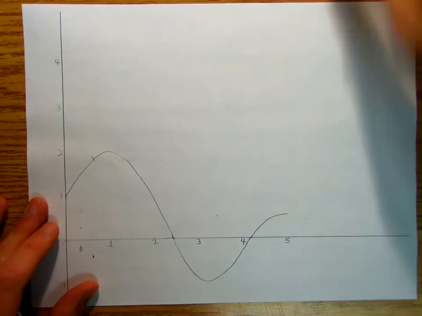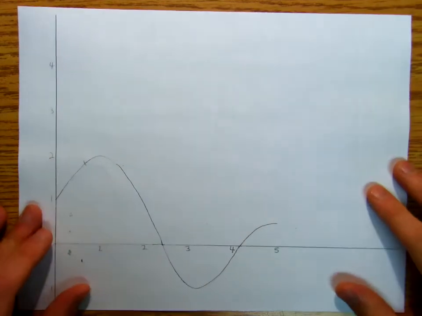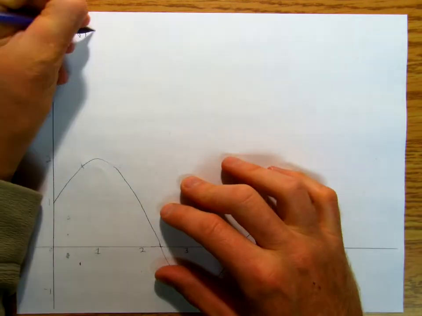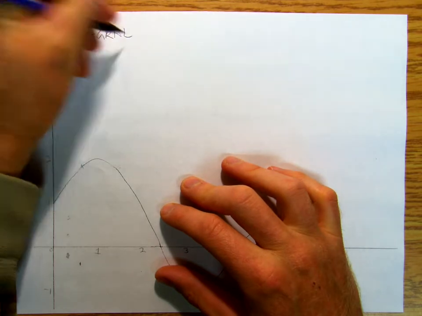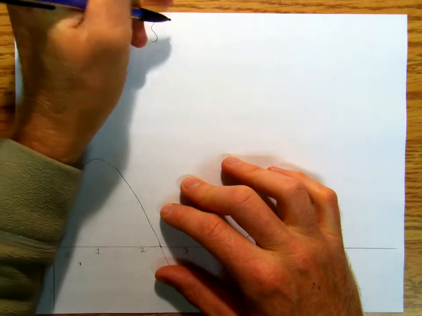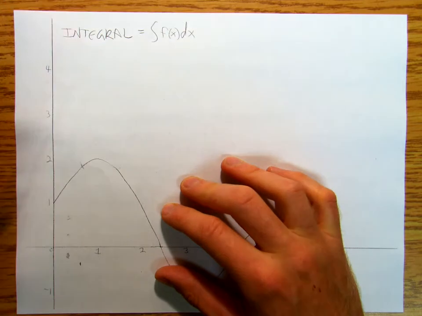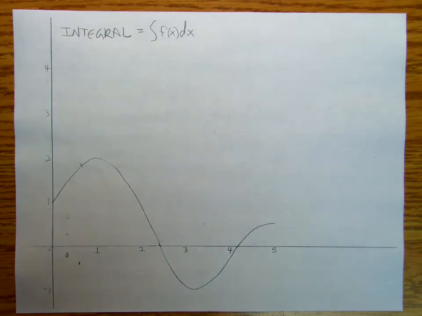So the point that I'm going to make to start off with is we have this concept of the integral, which is equal to the integral of f of x dx. And we've said a couple things about that.